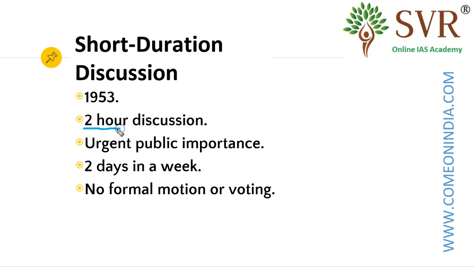During short duration discussions, members of Parliament can bring matters of urgent public importance to the discussion of the House. The Speaker of the House has certain powers under which he can allow 2 days of short duration discussion in a week. During the short duration discussion, no formal motion or voting process is carried out in the Parliament House of India.